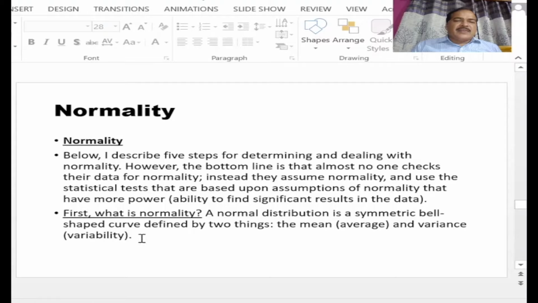And if the data is not normally distributed, it cannot qualify for different types of statistical analysis. Here I will be discussing how we can determine the normality of the data. First, what is normality? A normal distribution is a symmetrical bell-shaped curve defined by two things, the mean and the variance.